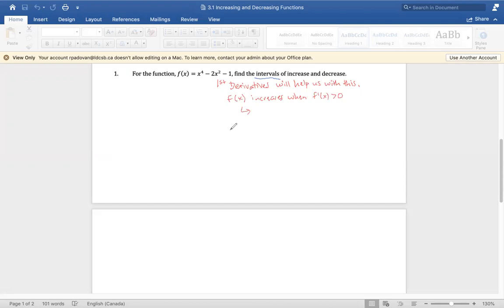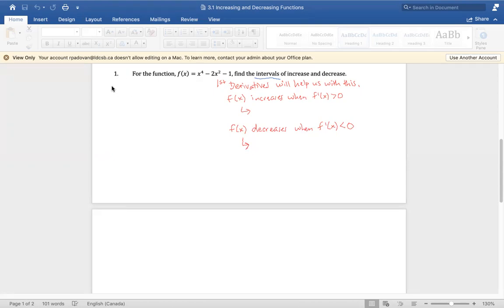We know that the function decreases when the derivative would be less than 0, and we have that inequality. So what we're going to do is find out what the derivative is and set that derivative to less than 0. And then I'll come back and explain this further. So let's get the derivative first.